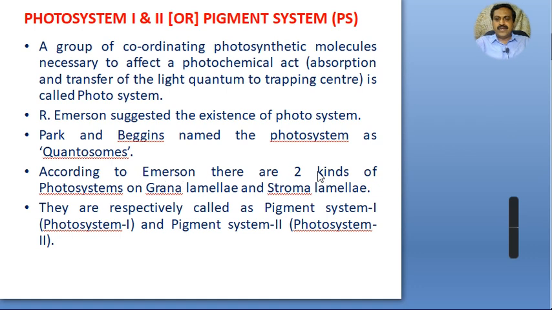According to Emerson, there are two kinds of photosystems on granum lamellae and stromal lamellae of the chloroplast. These photosystems are respectively called pigment system 1, otherwise called photosystem 1, and pigment system 2, otherwise called photosystem 2.